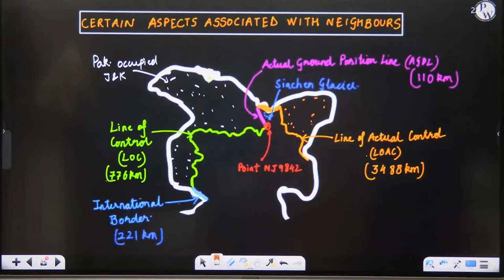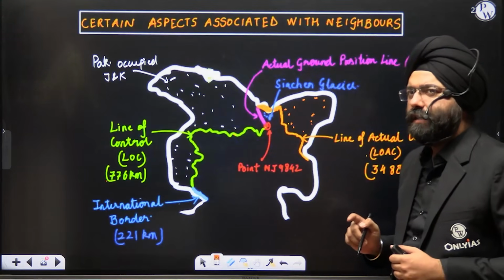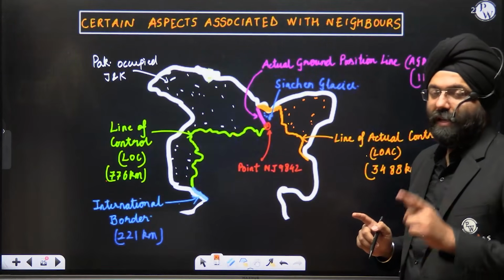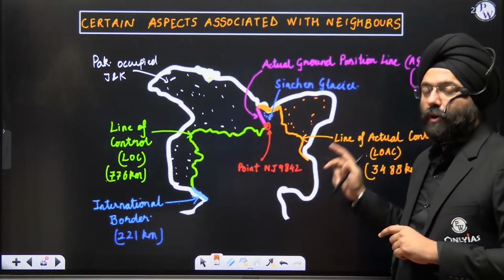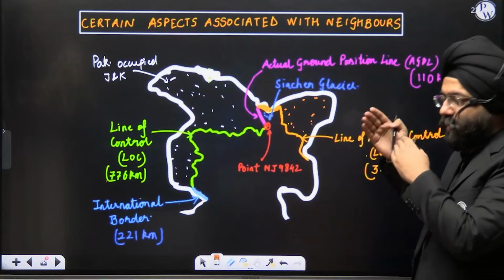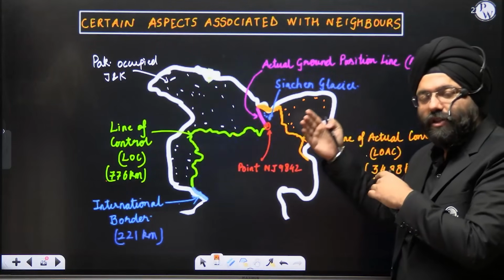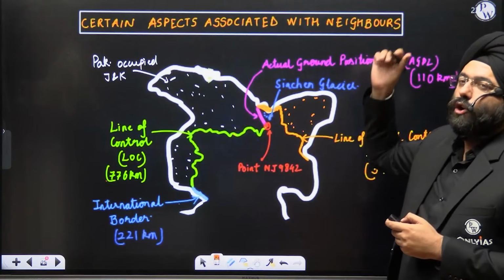Now, something that you will observe is many will be saying, sir, is this length 3488 kilometers? No. The LAC is not confined to this particular region, but also extends to other regions where we share a border with China. It has various other segments, like in the northeastern region also.